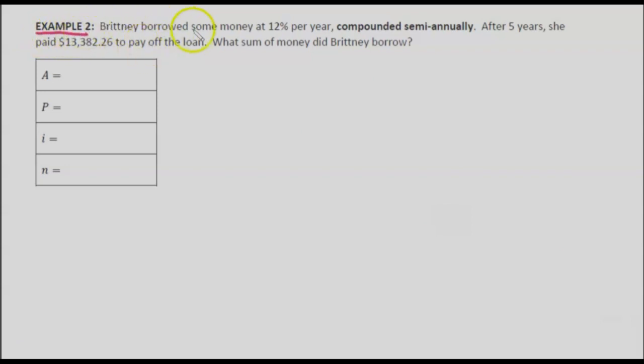Example 2, Brittany borrowed some money, okay? So we don't know how much amount of money, so the principal amount, I don't know, okay? But at 12% per year. So remember that percentage sign means divide by 100. So our interest rate is going to start at 0.12.